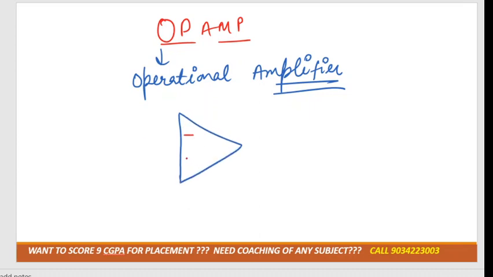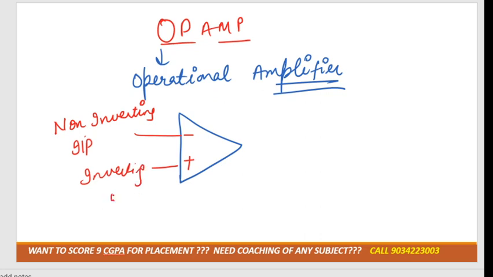There are two terminals connected at the input side: one is negative, one is positive. The negative side is known as the inverting input, and the positive side is known as the non-inverting input. The output is denoted by the output voltage.